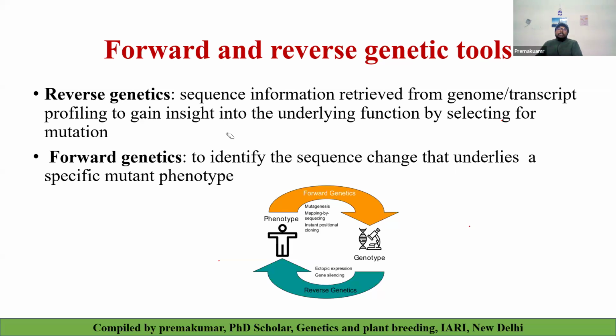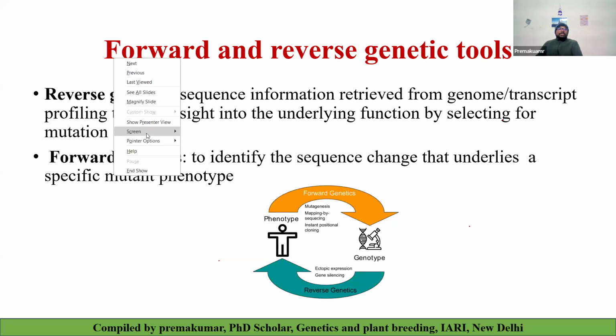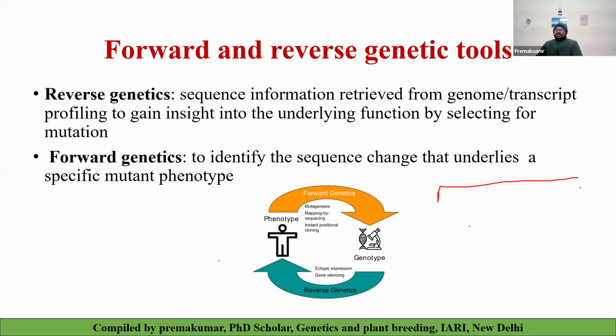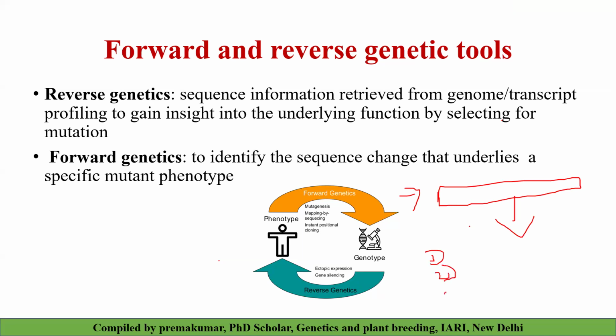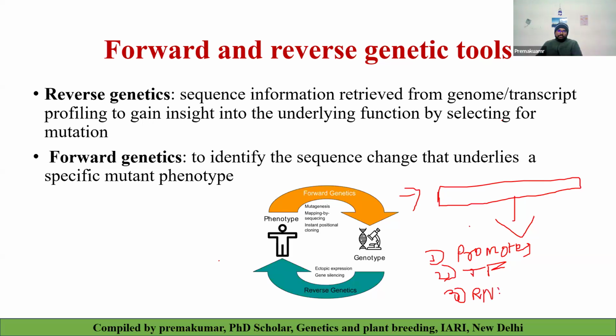Another one: how can we increase the expression of the gene? For transcription, what are the components we need? Promoter, gene to express, okay, promoter. Transcription factors. Yes, transcription factors. RNA polymerase.